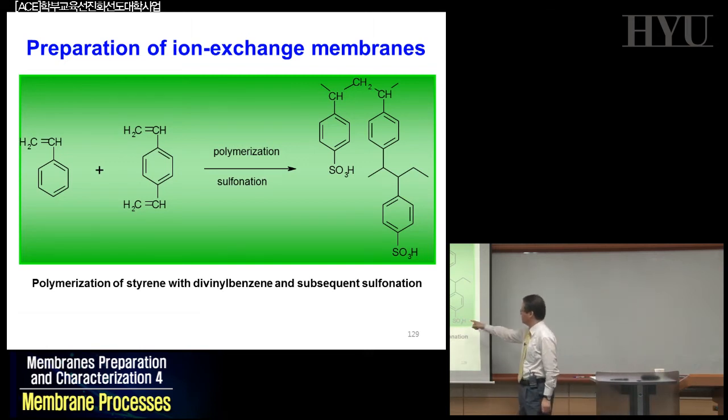So you have a minus sulfonated group, and instead of proton, the sodium Na plus will be attached here. Okay? So you have an ion exchange capacity of these polymeric systems.